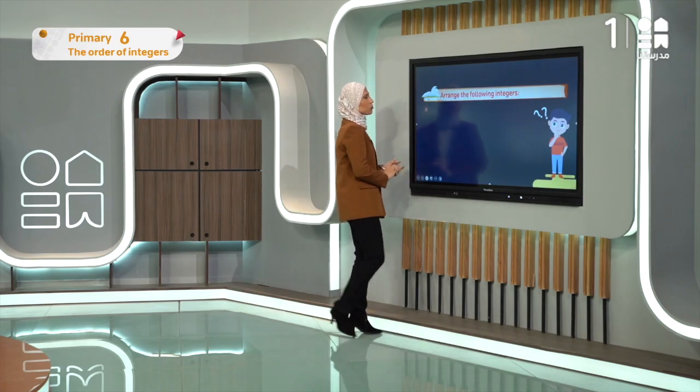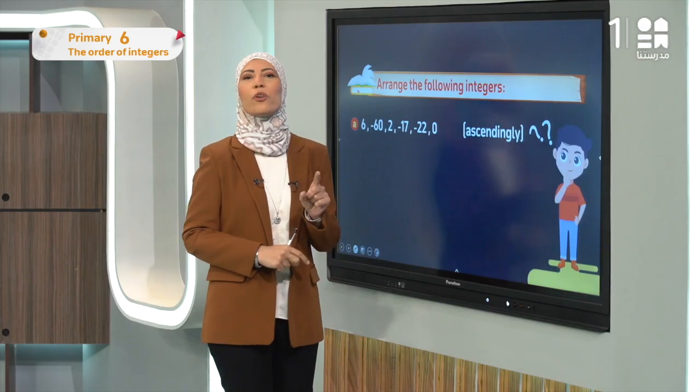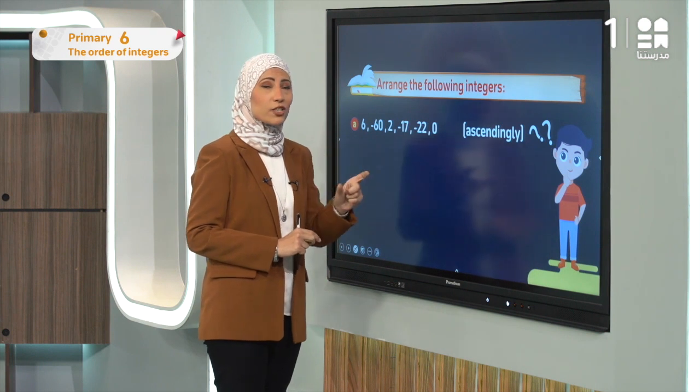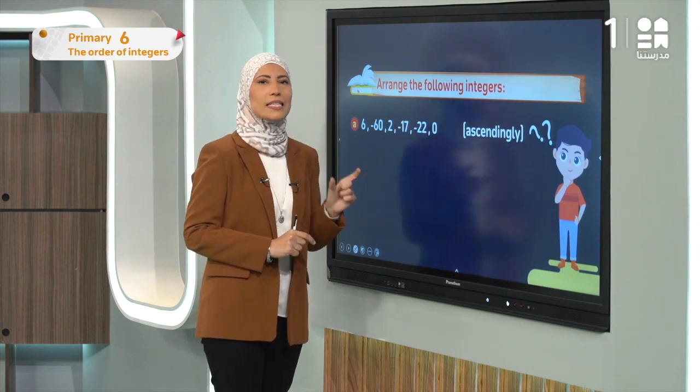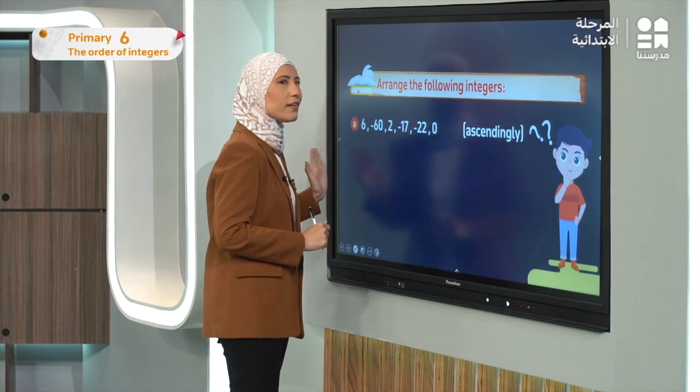Okay, the next exercise I have 6, negative 60, 2, negative 17, negative 22, and 0, and he asked you to arrange these integers in ascending order. And you have to remember that for negative integers, the bigger the negative integer gets, the smaller it is, because it's standing on the left side.